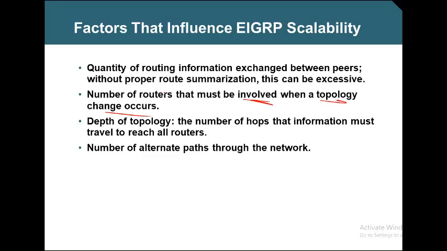Because that condition is not met, the alternate path is not considered as an alternate. So what will happen in such a scenario? When there is no alternate path in the EIGRP table.